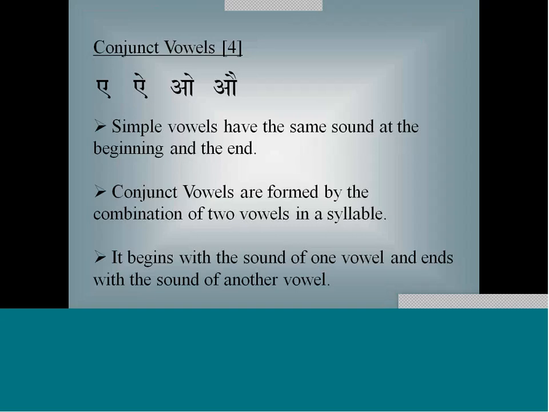A is guttural, from the throat. E, palatal. U, labial. The moment you round your lips and say U, from the beginning to the end, the sound is the same.